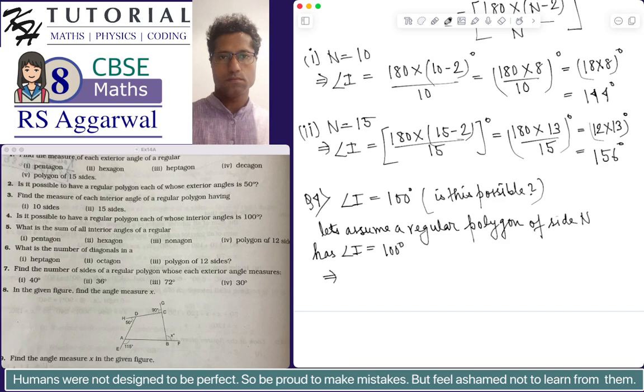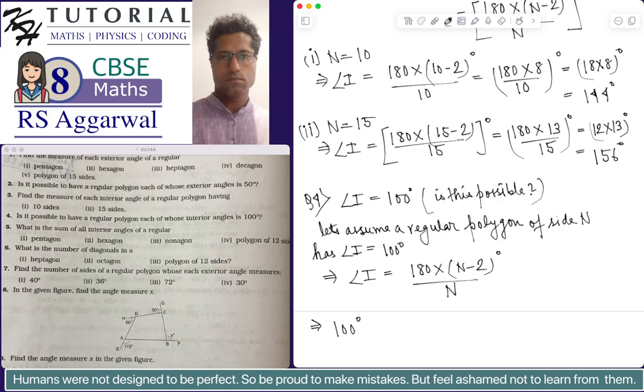So this will imply, we know that each interior angle of a regular polygon having n sides is equal to 180 multiplied by (n minus 2) divided by n degree. So the left hand side is the interior angle, which is given to be 100.